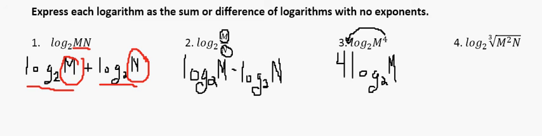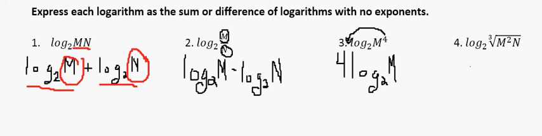So there's no expanding to be done. There's no multiplication or division within the argument. Therefore, there's nothing to expand. And our argument does not have any exponents because we actually took that exponent of the 4 and dropped it down in front. So we've satisfied the requirement of express each logarithm with no exponents.